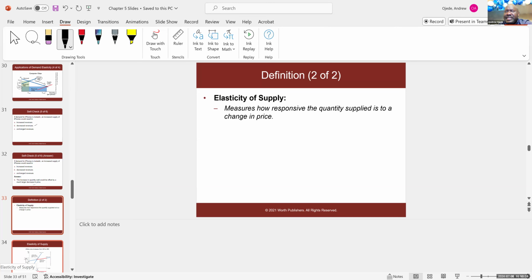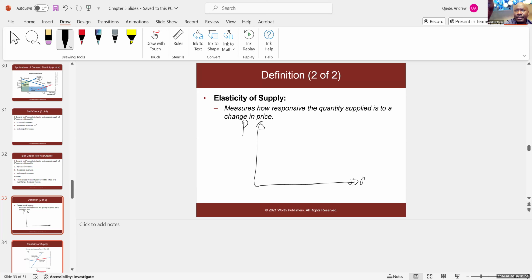The law of supply says that ceteris paribus, which is Latin for all else equal, an increase in the price of a good leads to an increase in quantity supplied, and a decrease in the price leads to a decrease in quantity supplied.